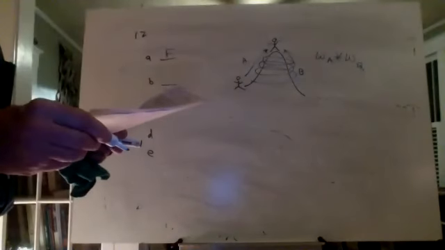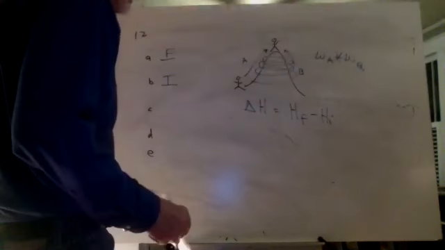B, delta H is a path independent property of a system. And that is true. Delta H is going to be equal to H final minus H initial, regardless of how you get from point A to point B. Right? The enthalpy change for this change versus that one would be identical.